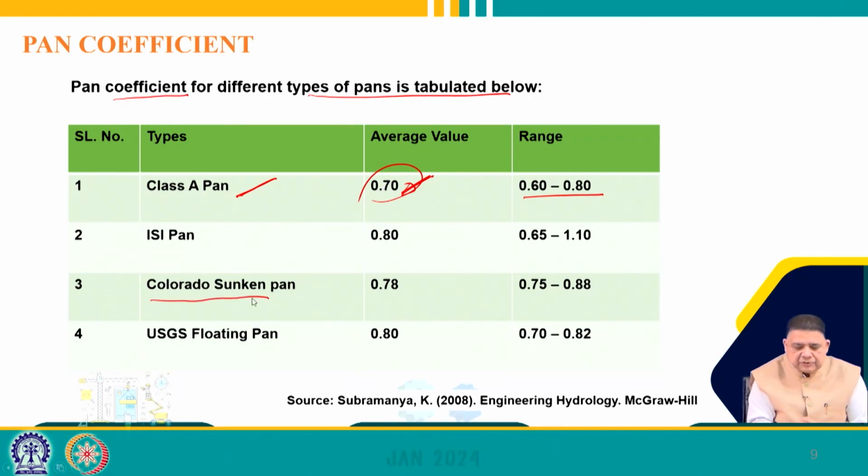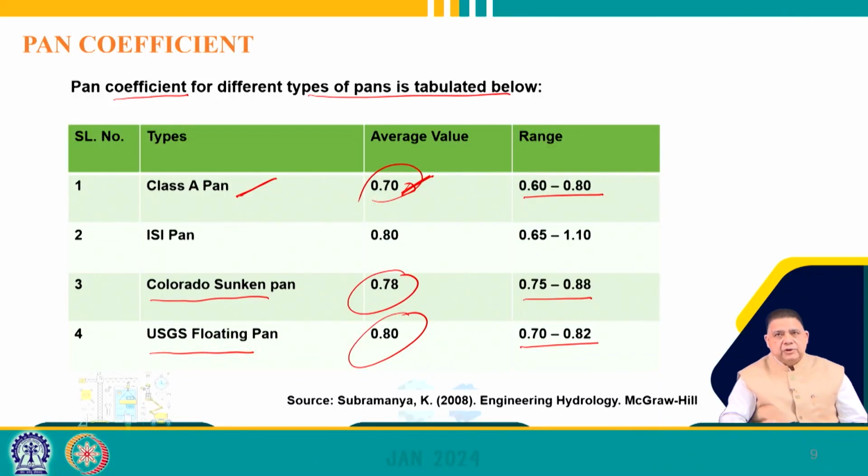Similarly, for the Colorado sunken pan, the range of coefficient is 0.75 to 0.88 and the average value is 0.78. For the USGS floating pan, it is 0.7 to 0.82 and the average value is 0.80. So, depending upon what type of pan you are using, you have to correct your pan measured evaporation value in order to get the representative evaporation value.